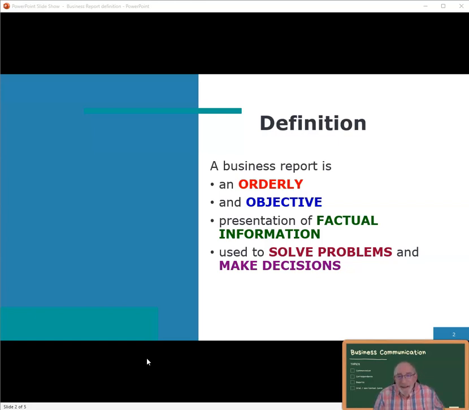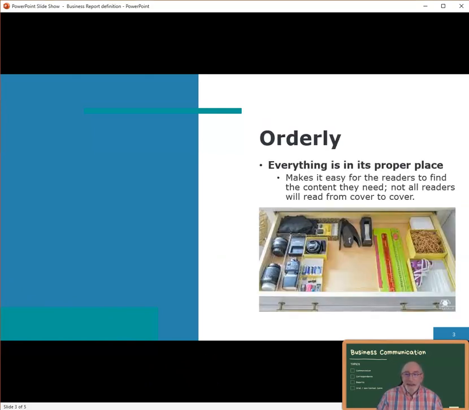Now, let's talk about the starting point of the definition. A business report is orderly and objective. What does orderly mean? A synonym is organized.